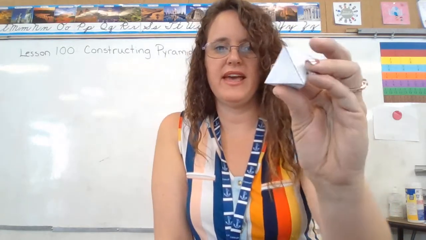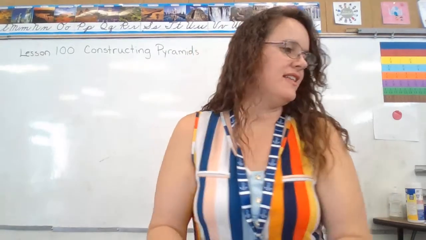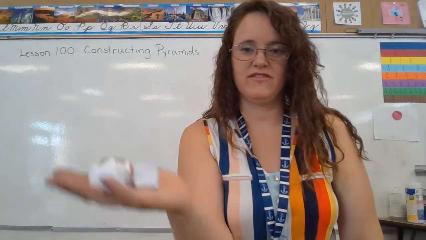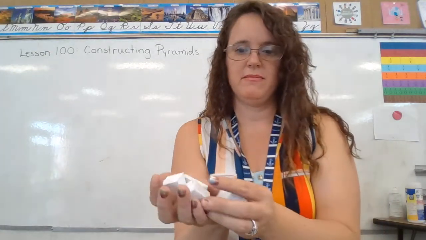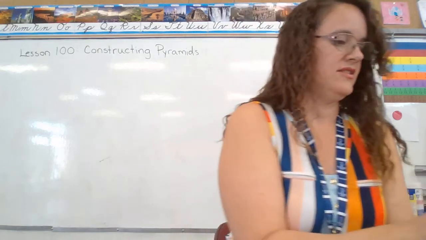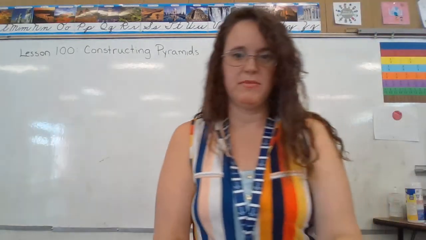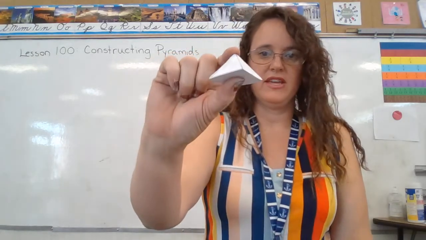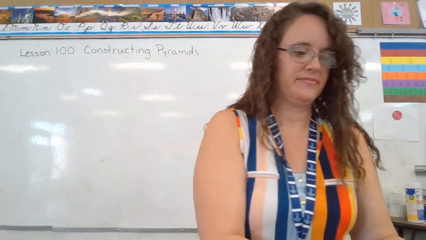So there we have our little pyramid that you can add to yesterday's collection of shapes. Remember, we are going to be talking about these in class this week, so you might want to keep them on hand at least until we're done talking about them. So there is our pyramid.